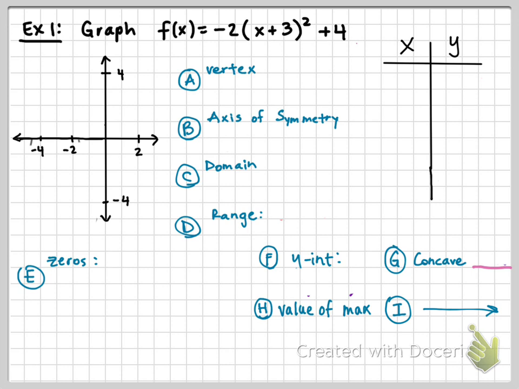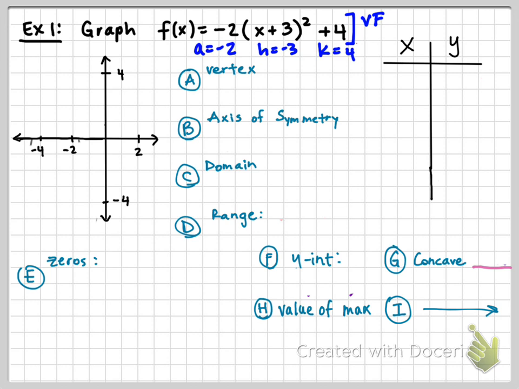So, things to notice. First and foremost, they gave you a vertex form equation. So we need to know that this is vertex form. Since they gave us vertex form, that means that the a value is equal to -2. We know h is equal to -3, and we know k is equal to 4.